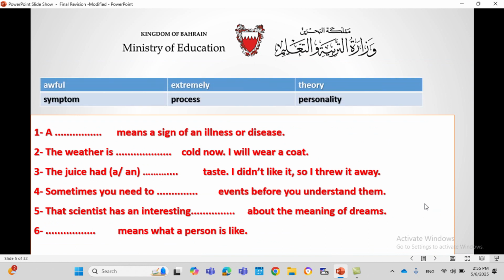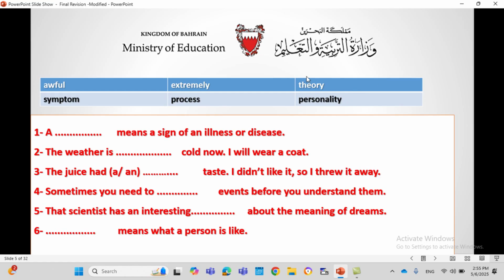Let's come to the second table, and here we have 6 words, and I'm going to clarify some of them. The first word we have is awful. Awful is an adjective which means terrible. The second word is extremely, and extremely is an adverb which means very.